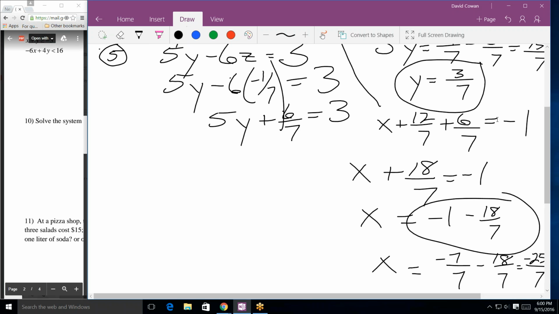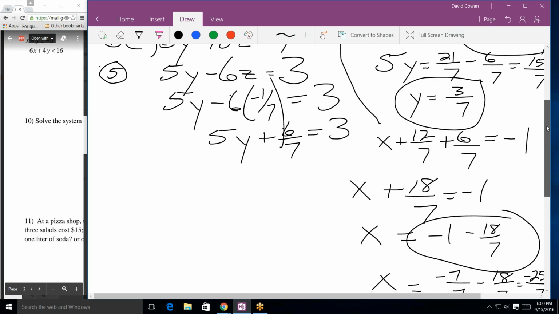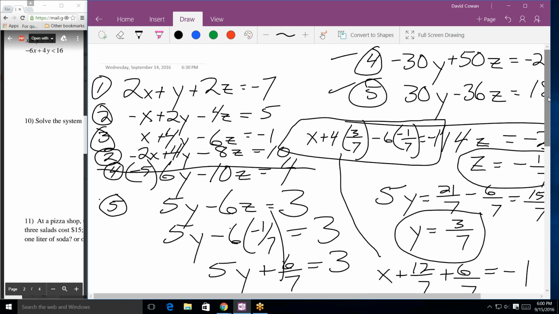And that's the way you have to do these. Every one of them. You want to do it exactly like this. In other words, the first step is to pick a variable and eliminate it. The second step is to use two different equations and eliminate the same variable. You cannot eliminate a different variable in step 2. In other words, step 1, to get equation 4, I eliminated x, right?